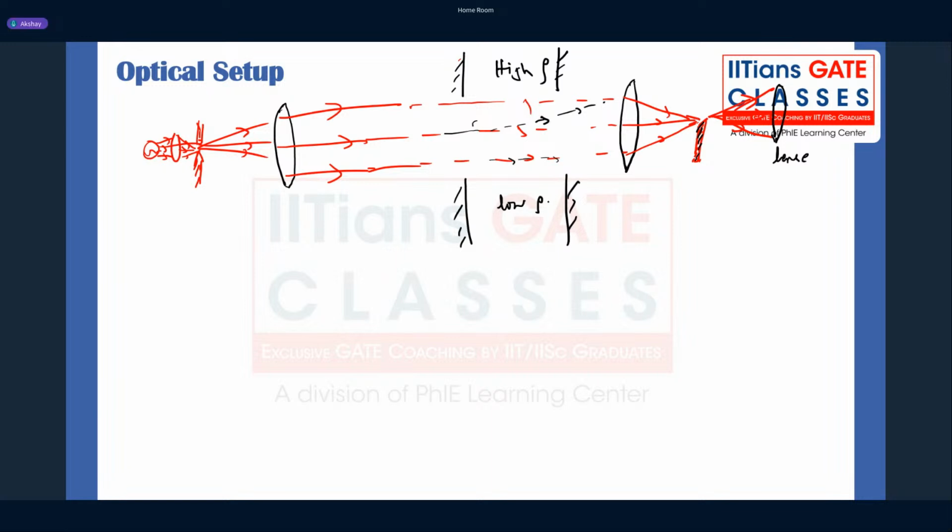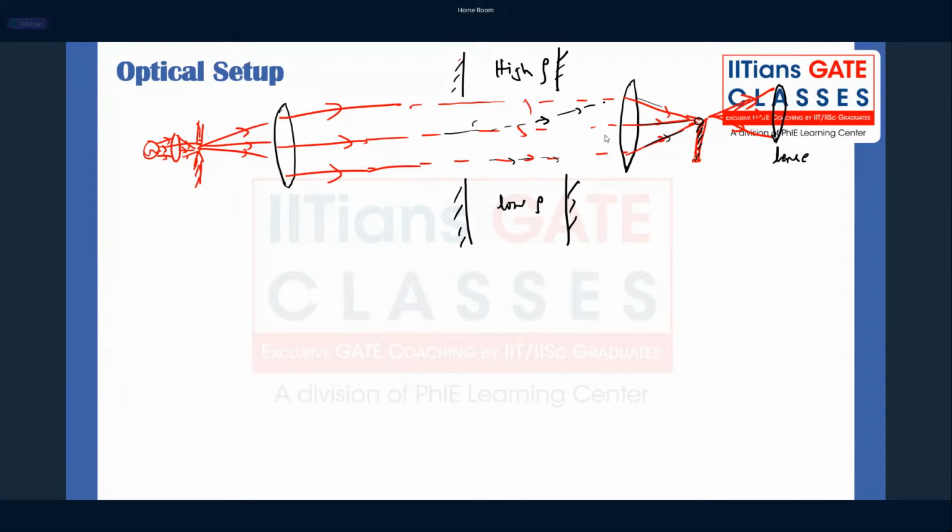So now what happens: all these parallel beams which are coming and hitting the lens will converge to its focal point. But if the light waves are coming at a different angle, they cannot converge to the focal point, right? Because they are not coming onto this lens at the same angle.